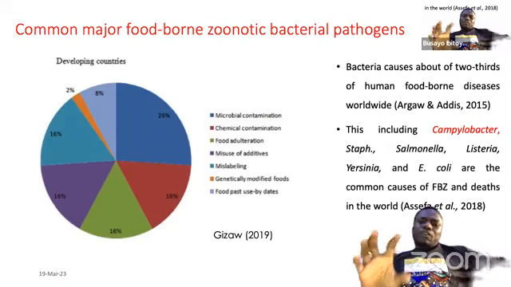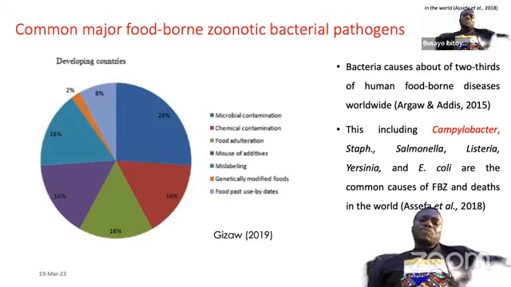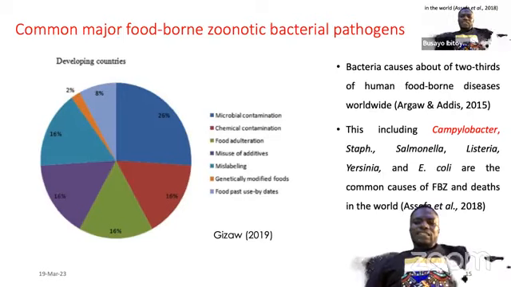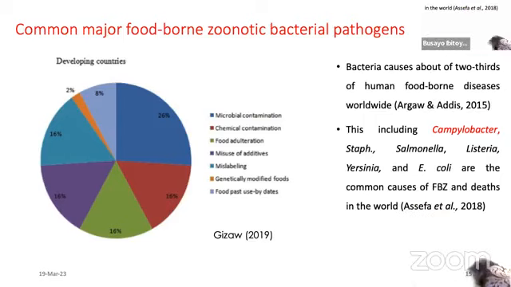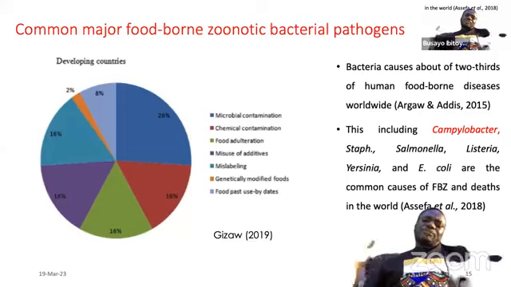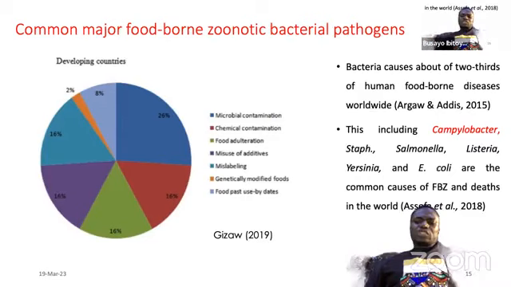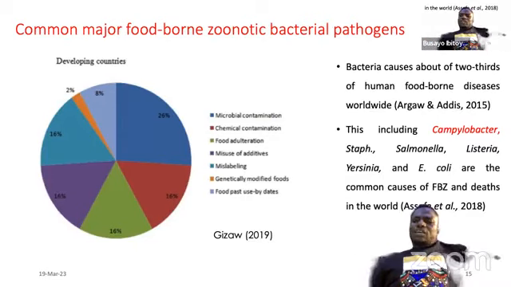We are looking more closely at bacteria because bacteria constitute about two-thirds of all human foodborne disease challenges worldwide. Among the bacteria, the leading ones are Campylobacter, Staphylococcus, Salmonella, Listeria, Yersinia, E. coli, and so on. These are the most common causes of foodborne zoonosis and death worldwide.